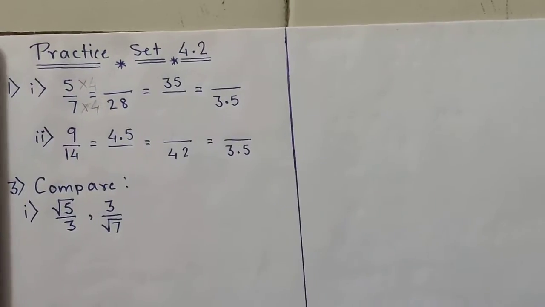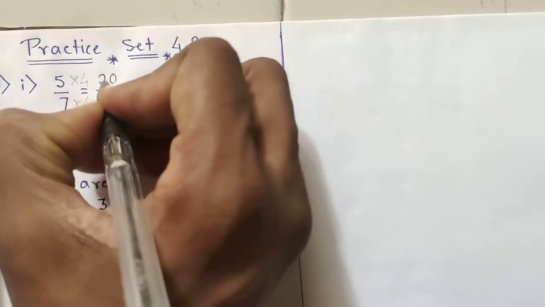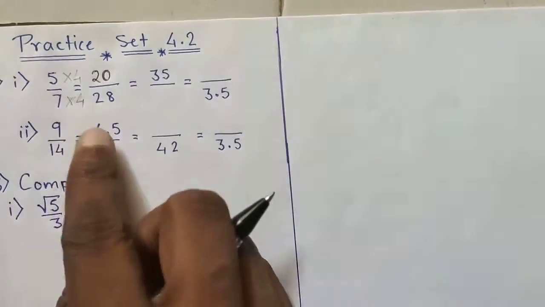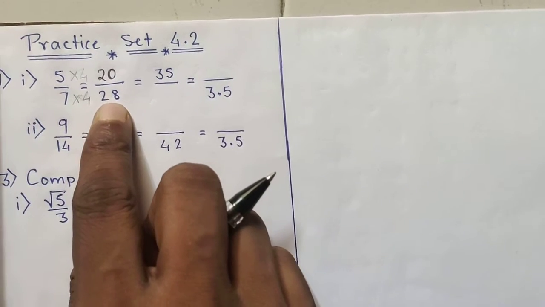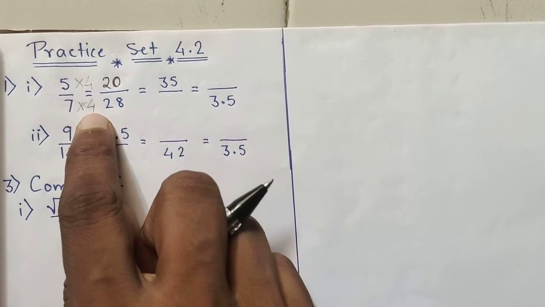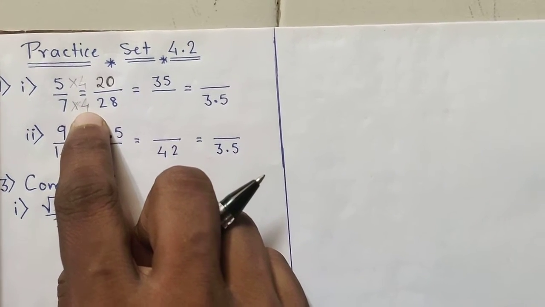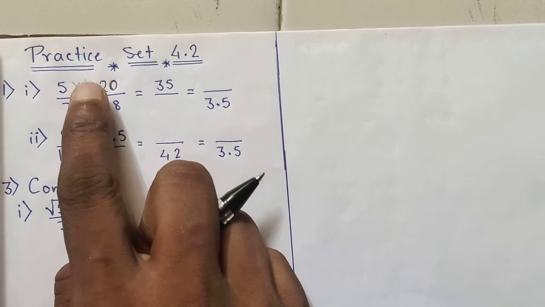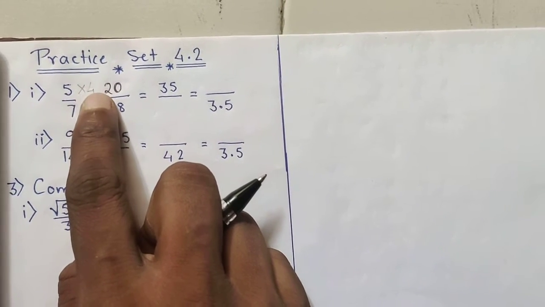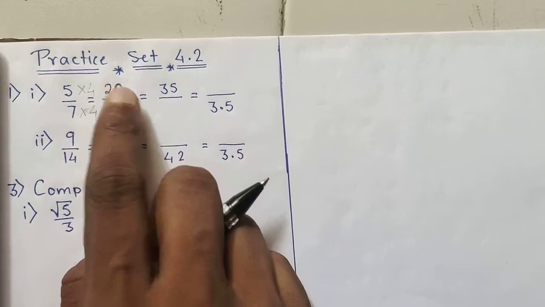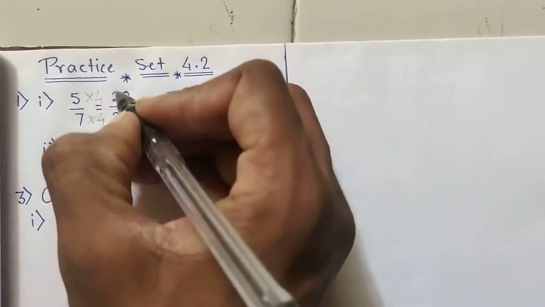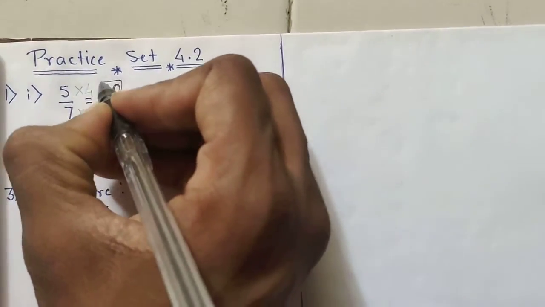If you do 5 into 4, you are going to get 20 here. Okay, understood now? Since in the denominator we have multiplied by 4, in the same way you have to multiply your numerator by 4 also. So if you multiply by 4, you are going to get 20. So this is your first empty box, right?